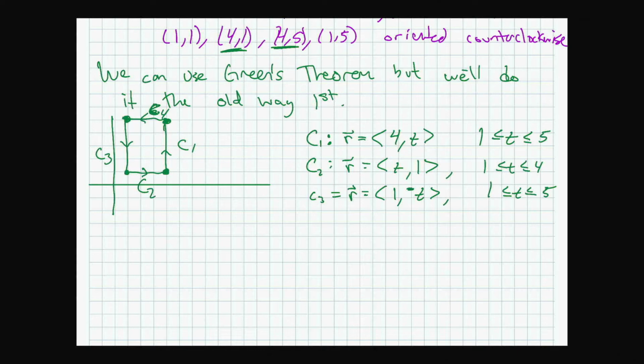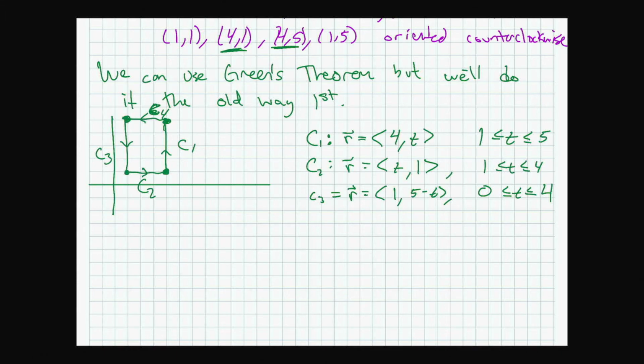We'll have to do 5 minus t, and t could start at 0. That way it's starting up here at 5. Then t goes up to 4, and 5 minus 4 is 1. A little bit tricky there, but we could use that.